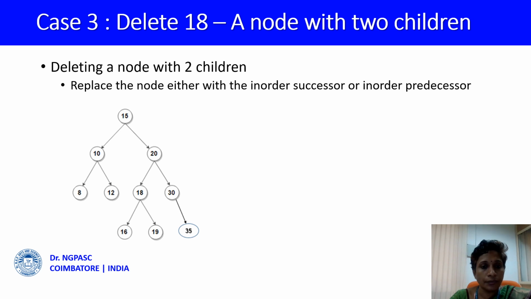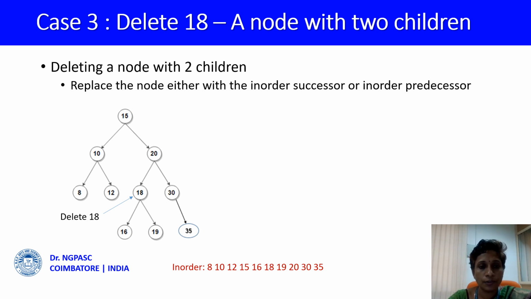Here we are using the same tree, and if we are supposed to delete this element 18, which has both the left and the right children, then we have to find the in-order traversal of this tree. The in-order traversal says left, root, and then right. That is 8, 10, 12, 15, 16, 18, 19, 20, 30, and 35. This becomes the in-order traversal of this tree.